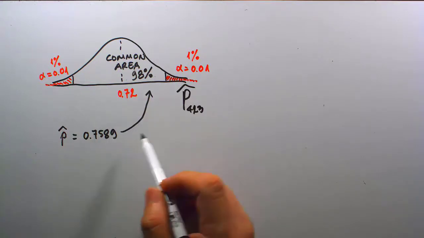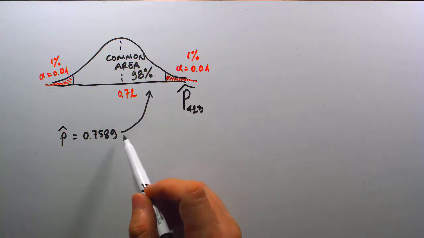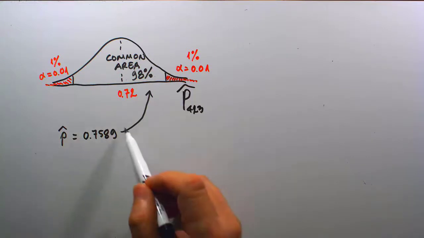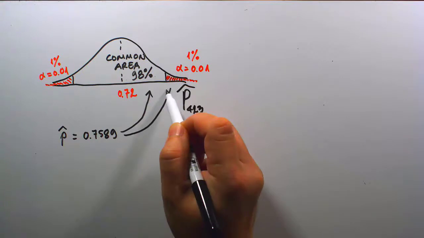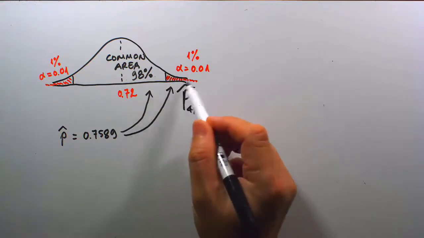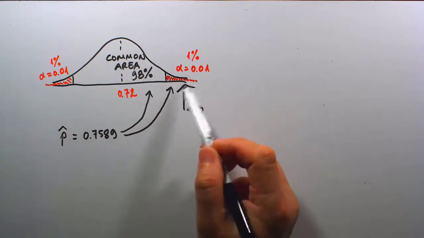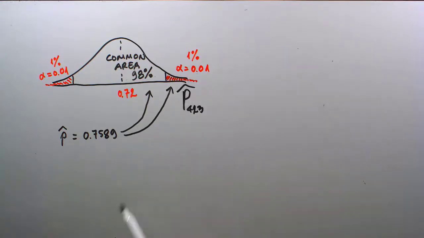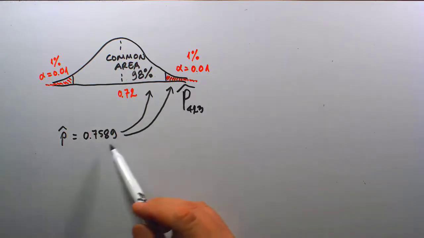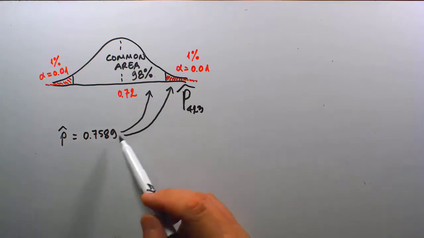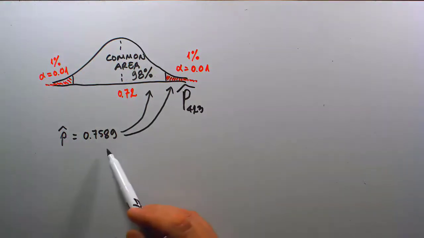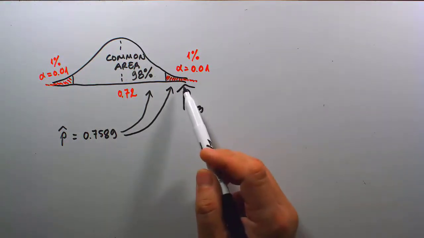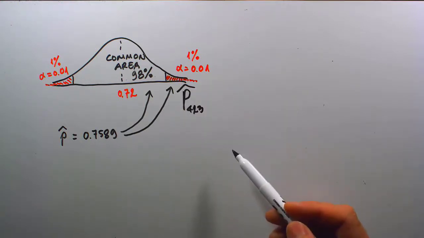However, we would like to know further whether this sample would indeed fall into the area to the right tail outside of the common area, which we call the unlikely area. And again, I will be giving the explanation of why we are specifically interested in finding out whether our sample proportion value would fall into this unlikely area after I put all the details together.